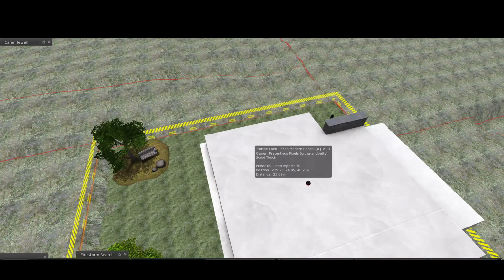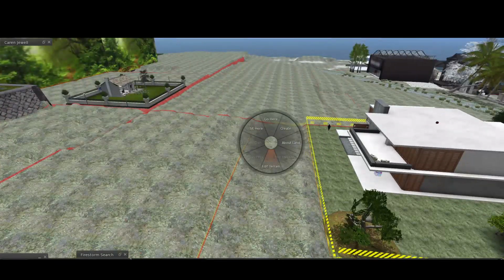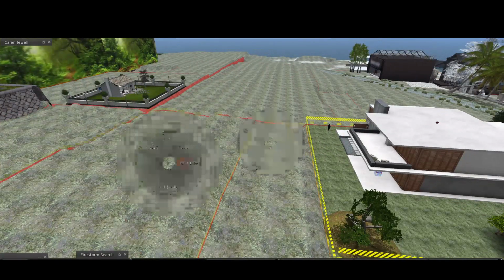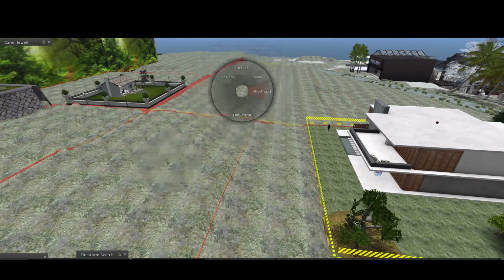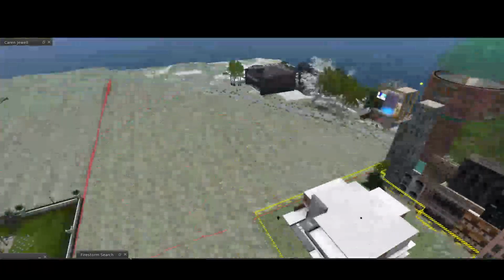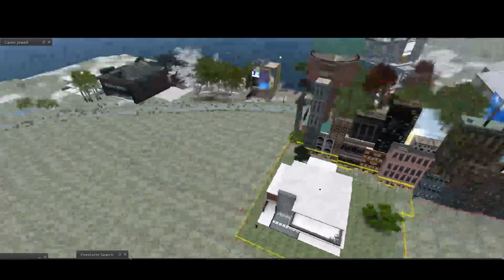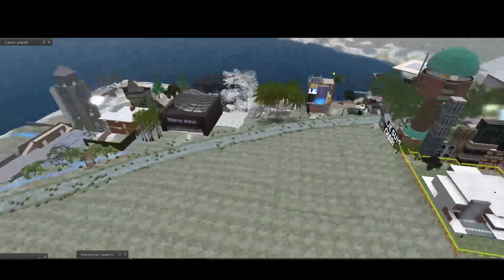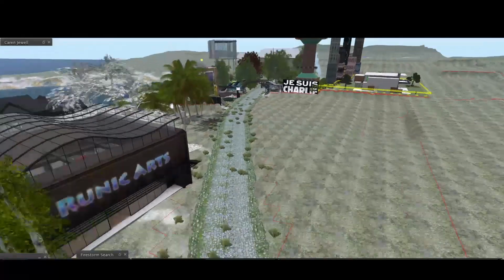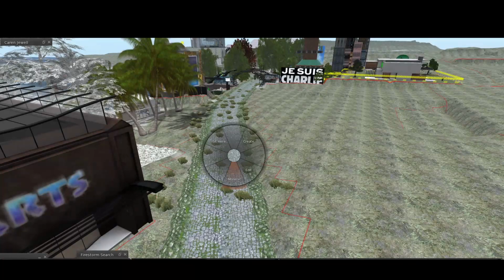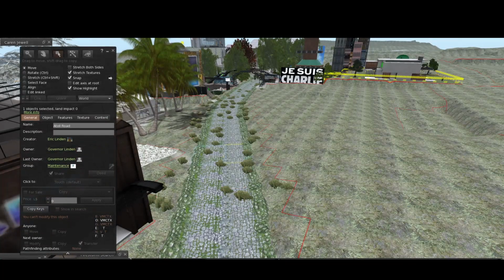Anything can happen on this parcel right in front of you, on the one over here, the one over there, this one next door. Now, that being said, this looks like it is a Linden Road. So you're right by a road, which is nice.